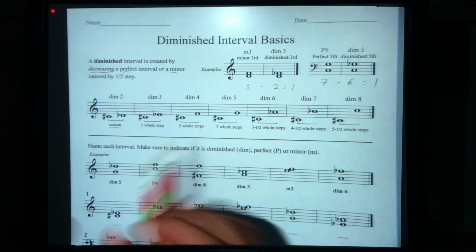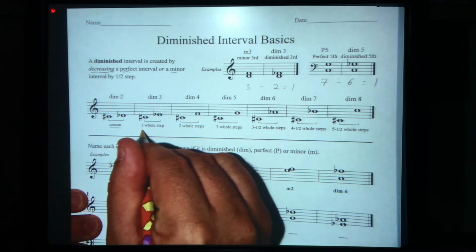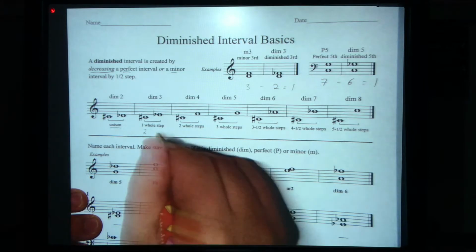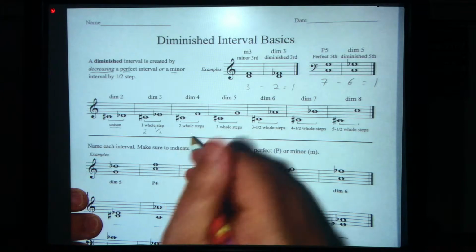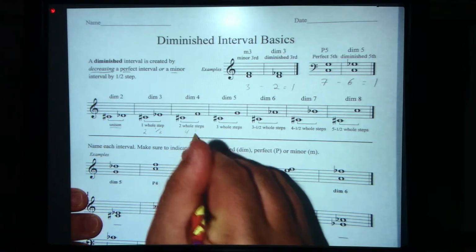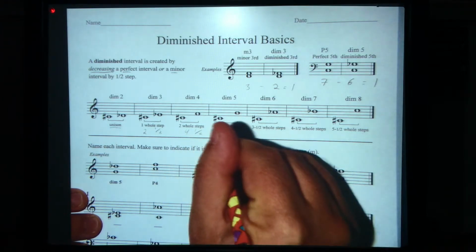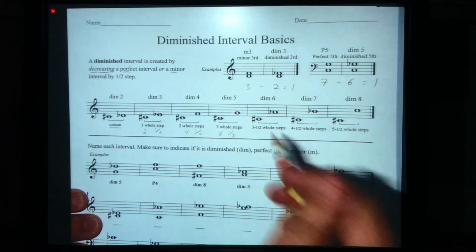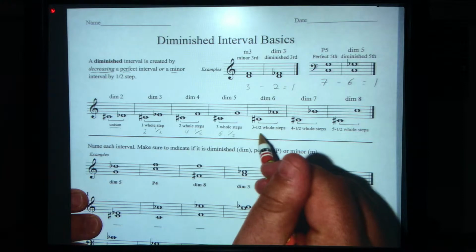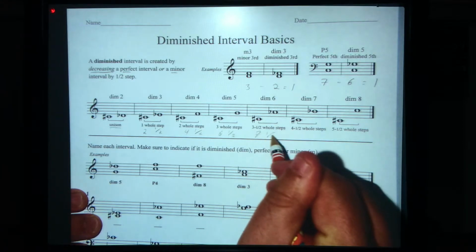A diminished third is 1 whole step, or 2 half steps. And a diminished fourth is 2 whole steps, or 4 half steps. Diminished fifth is 3 whole steps, or 6 half steps. Diminished sixth is 3½ whole steps, or 7 half steps.